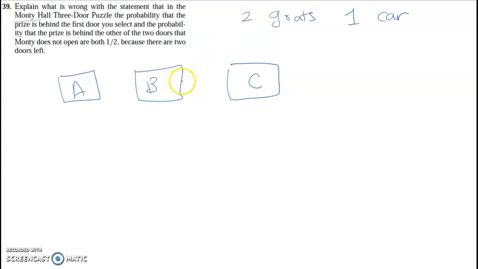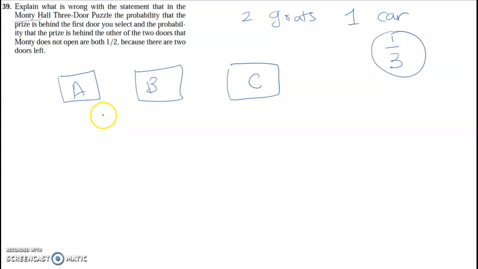If you pick a door with a goat behind it, then you don't win anything. But if there happens to be a car sitting behind it, then you win the car. So for the longest time, people have believed that if this was a fair game, then the probability of winning a car is 1/3.